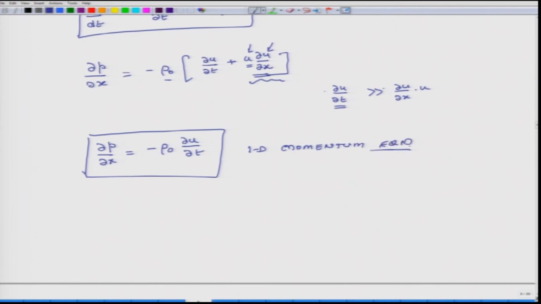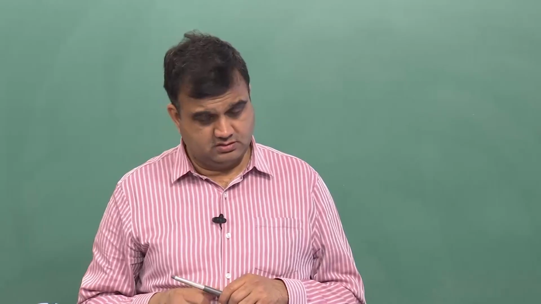And in this 1D momentum equation, we have neglected this term, because we are saying that the whole system is having very small fluctuations in pressure, density and velocity.